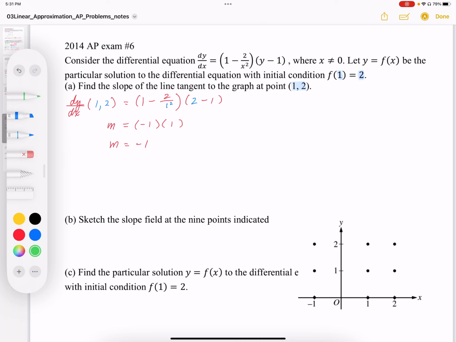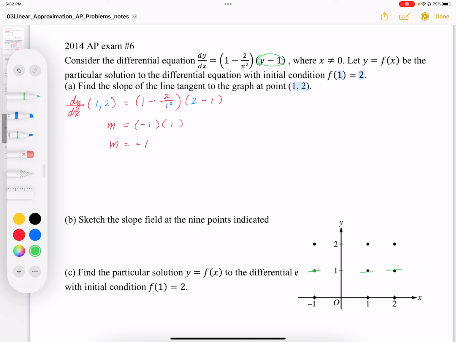When I plug in y equals 1, we get a 0 factor, which gives us 0 slope. So at all the y equals 1 points, we're going to end up with horizontal tangent lines through all those coordinates. Notice that we have no x equals 0 coordinates because that would be dividing by 0.